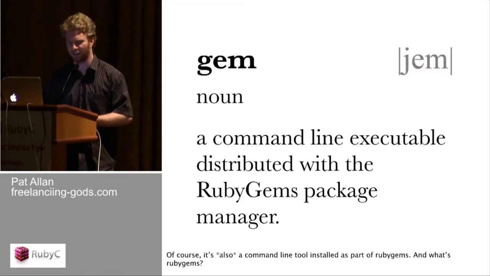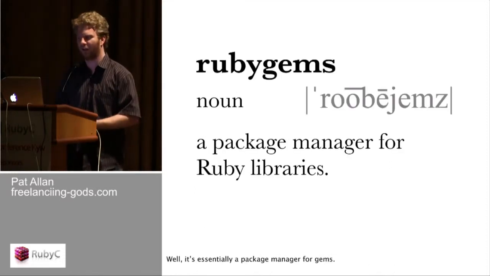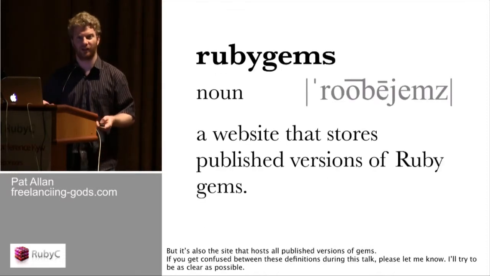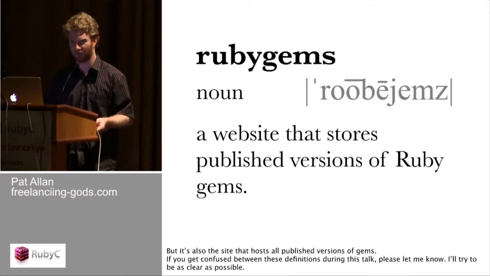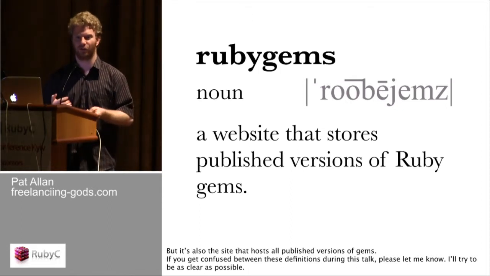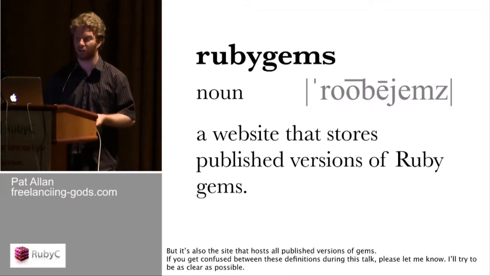And Ruby Gems, as I just mentioned, it's a package manager, but it's also the website that stores all the published versions of gems. So I know these words are going to get a little confusing, and if you're not clear which ones I'm talking about, feel free to just put your hand up and I'll try and clarify, but hopefully it'll be obvious as I go through.